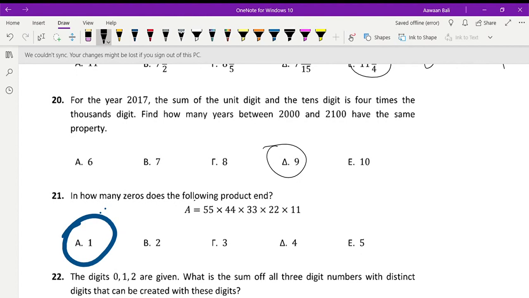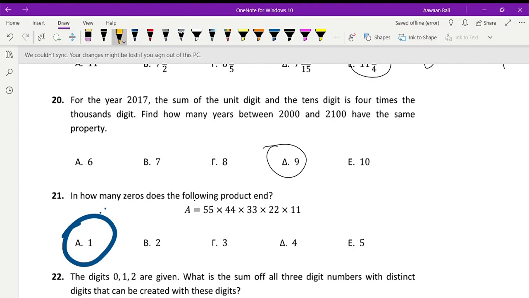For the year 2017, the sum of the unit digit and the tens digit is 4 times the thousandth digit. Find how many years between 2000 and 2100 have the same property. So basically, to find this property, you have to look at it. So 2017, the sum of the unit digit and the tens digit is 4 times the thousandth digit.